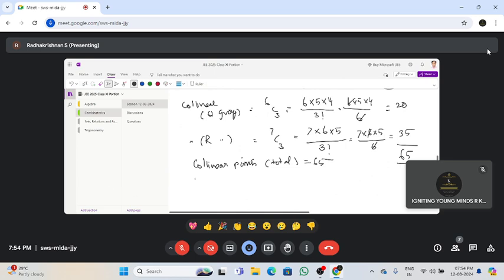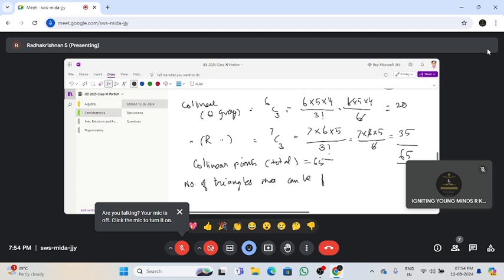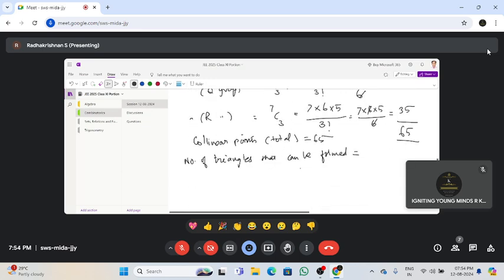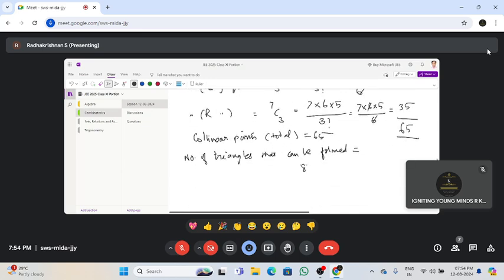Therefore, the number of triangles possible is 816 minus 65, which is 751 triangles that can be formed.